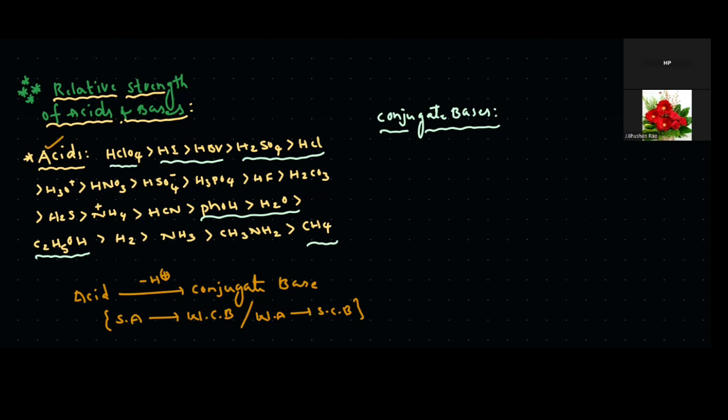HClO4, remove H plus ion, it gives ClO4 minus. Next, ClO4 minus is less basic than I minus. After that, Br minus. Next, HSO4 minus. Next one, Cl minus.